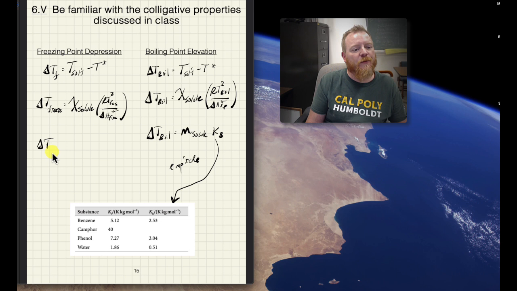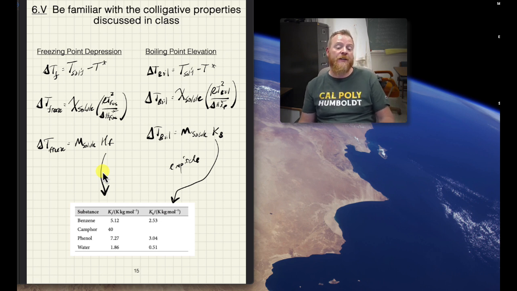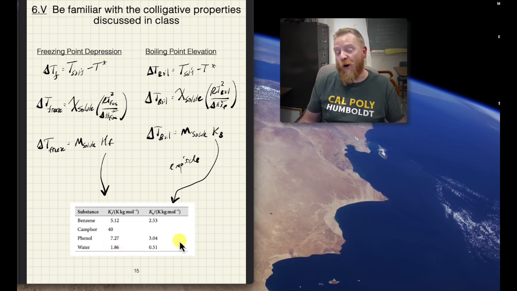And similarly, the freezing point depression is often given as m solute times Kf, where again, that's another empirically determined value based on the solvent. And so you can see I've listed a few values there.